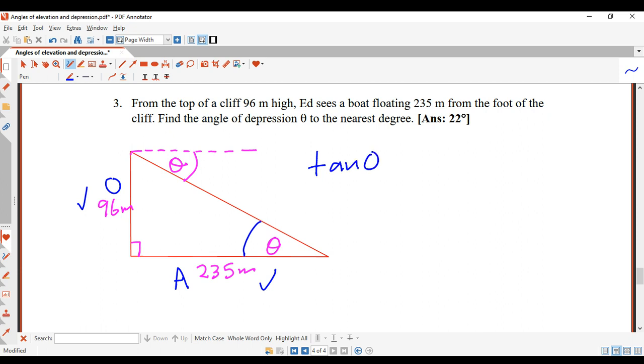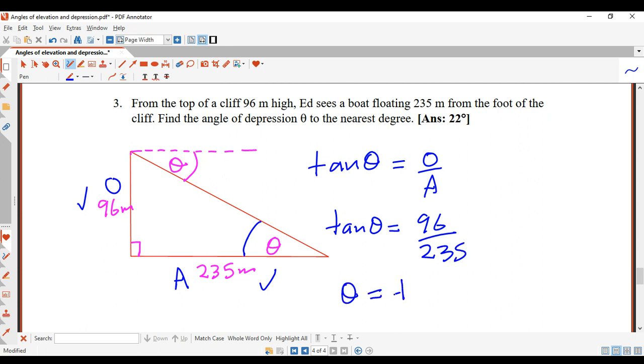It won't always be tan in the examples, but in this case it is again. Tan theta is equal to opposite divided by adjacent, so tan theta is 96 over 235. On your calculator, you need to use the tan minus 1 button to find the angle, which you've done before.